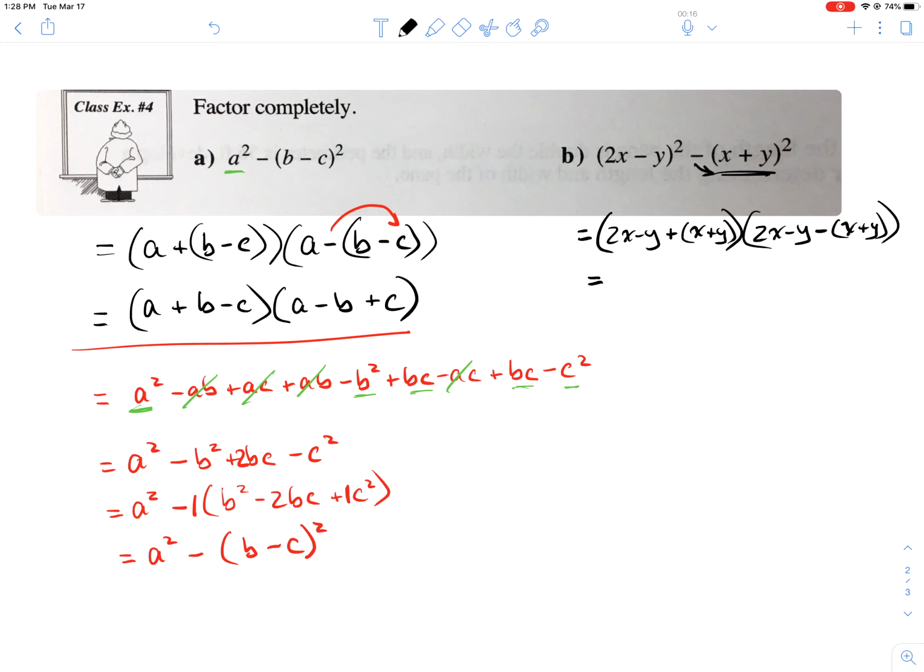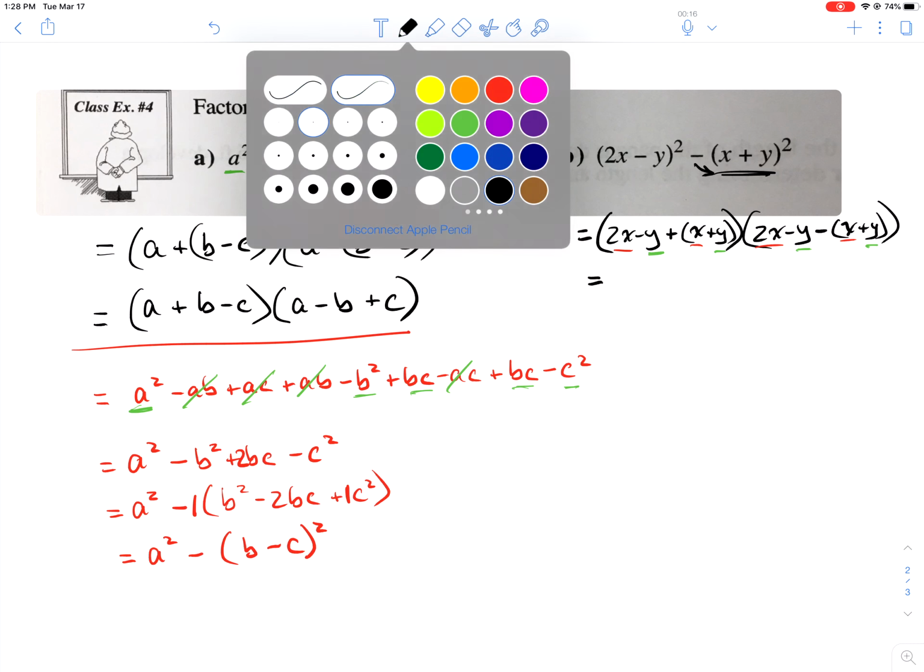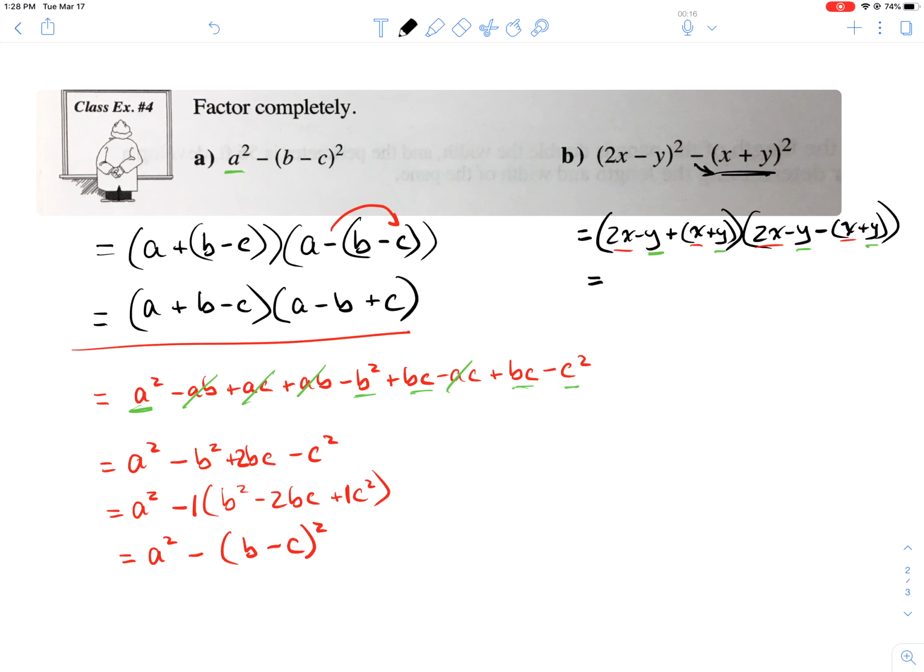Now let's add up our like terms. This is a little bit different than the ones we've done before. We haven't really had any like terms before. So 2x plus x, we can see that these are like terms as they are here. And we have other like terms, the y's, that we can put together. 2x plus x is 3x.